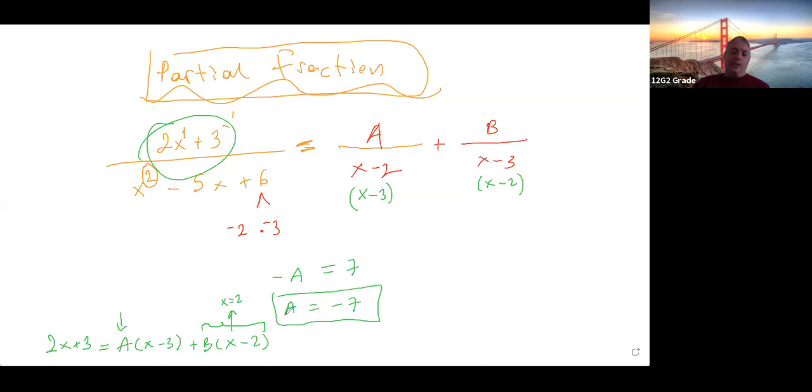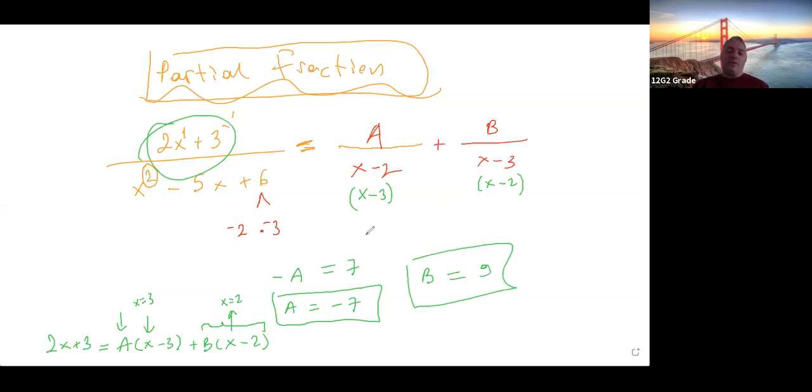What about B? In order to find B, there must be no A. To do this, let's say x is 3. 3 minus 3 is 0, 0 times A is 0. 3 minus 2 is 1, 1 times B, so B equals 3 times 2, 6, plus 3, 9. Now it is finished.